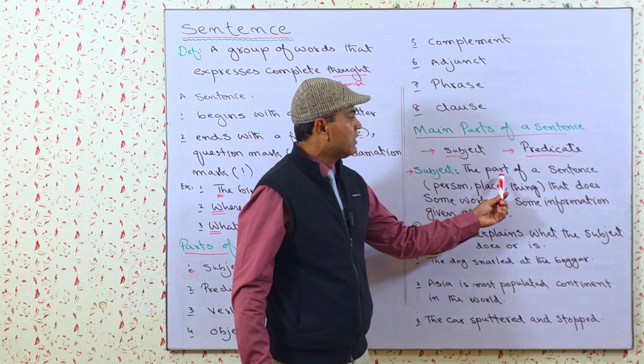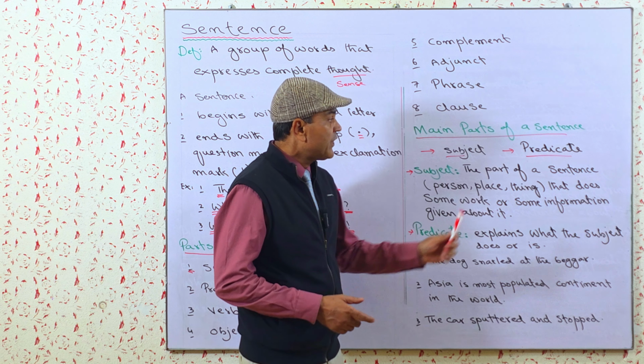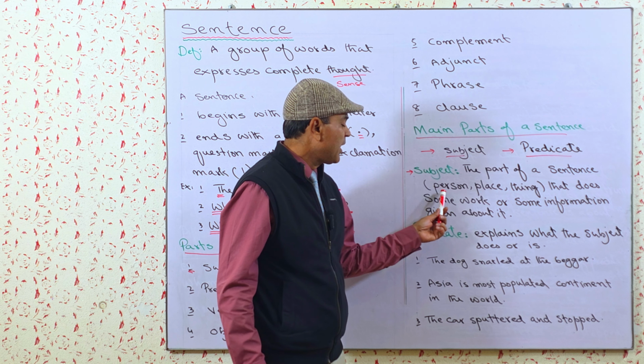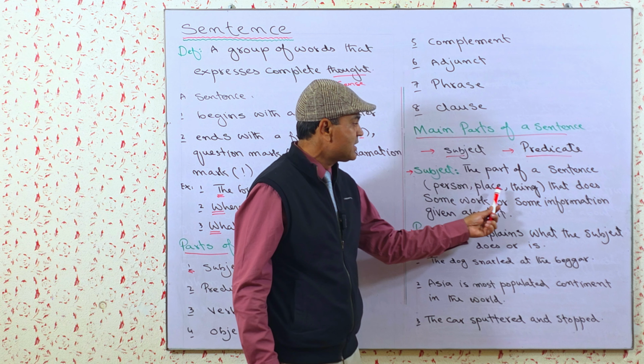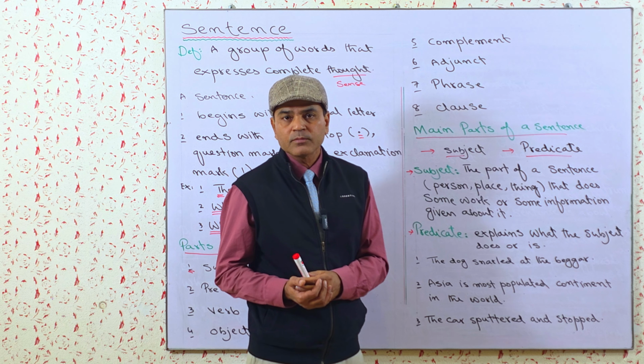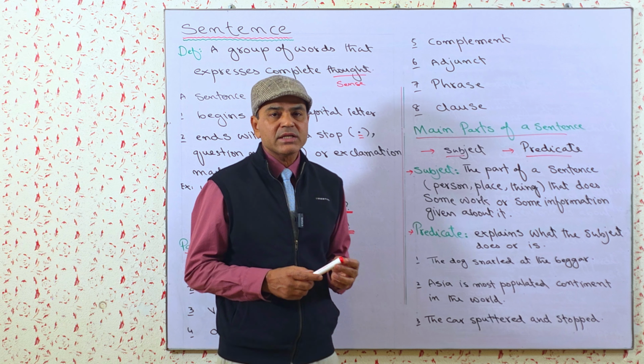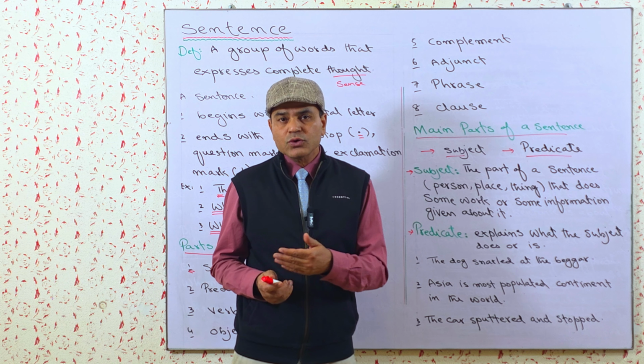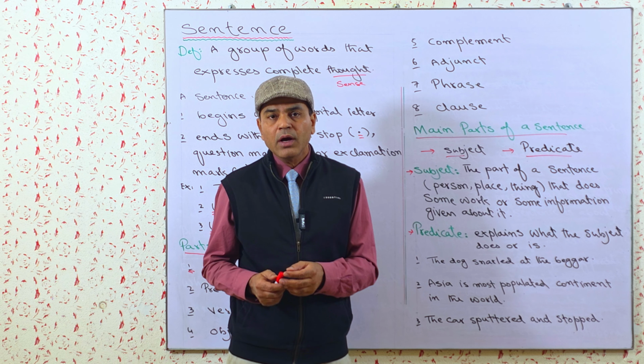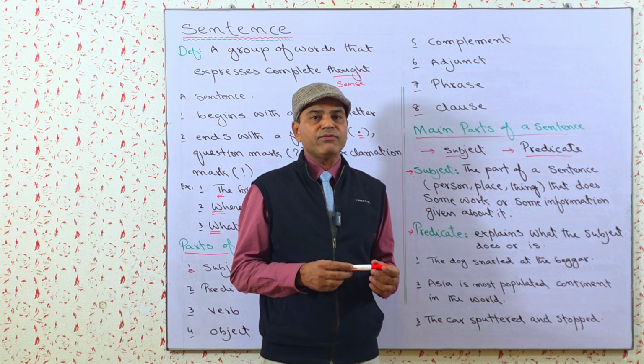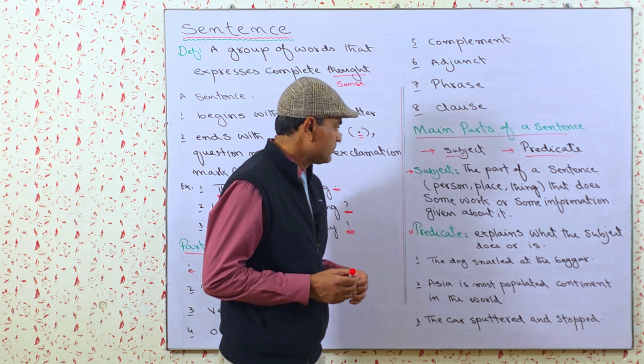Subject is the part of a sentence that may be a person, place, or thing. And when I say person, place, or thing, I'm also talking about a noun or the word used in place of a noun, that is a pronoun.